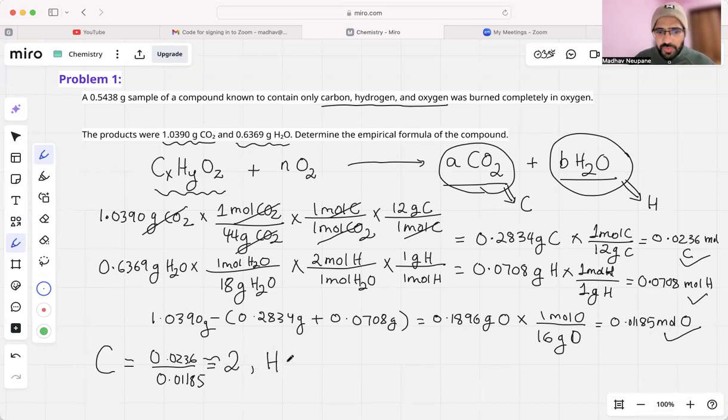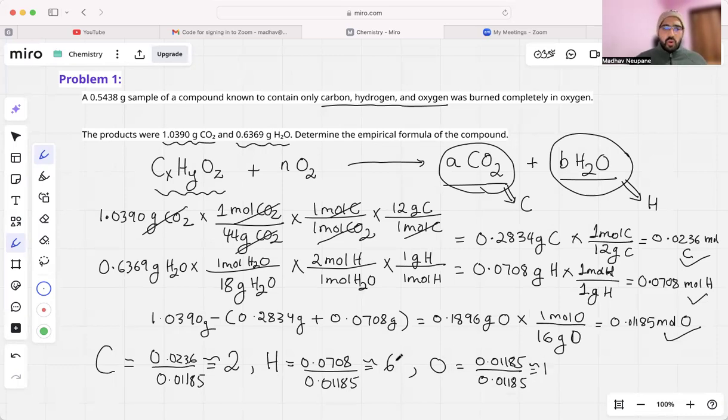For hydrogen, I'm going to divide 0.0708 by the smallest number of moles, which is again 0.01185. That's around 6. And for oxygen, which is basically 0.01185 divided by the same number, because that's the smallest number of moles, that's going to give me around 1.